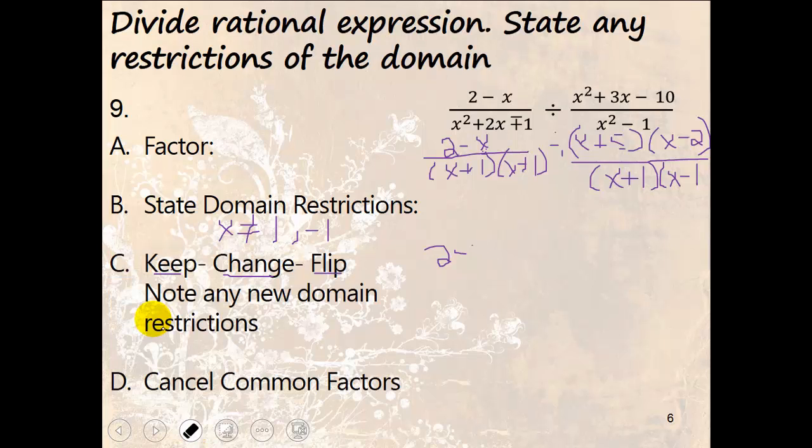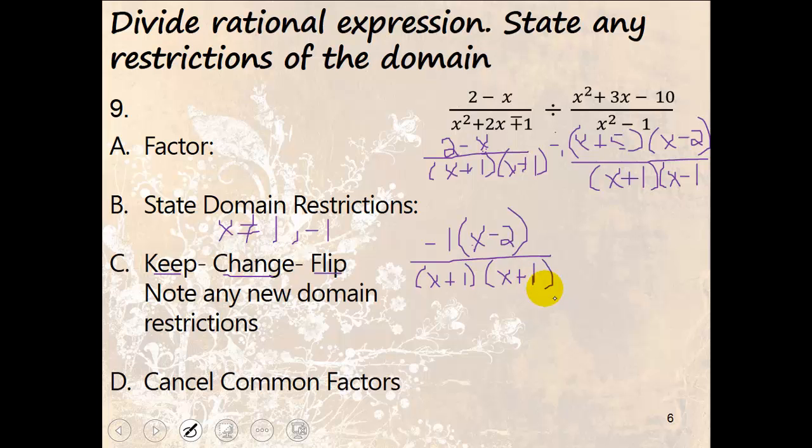So let me erase this right here. I'm going to factor out a -1, and that becomes -1 times x minus 2, okay? And then I have x plus 1 times x plus 1.